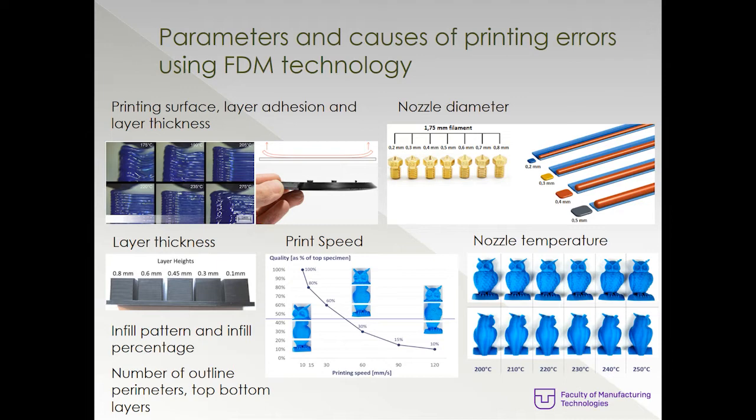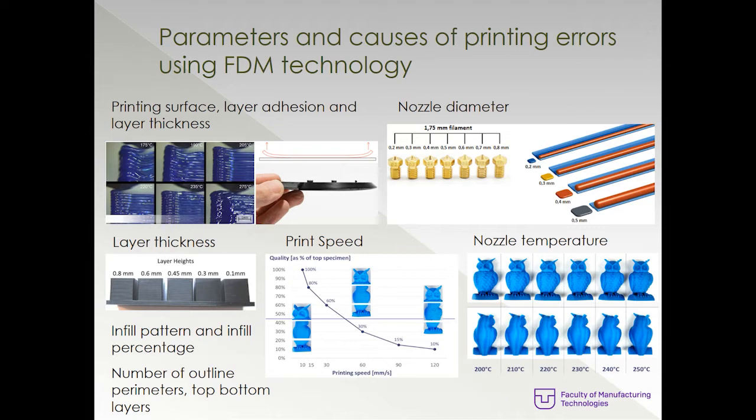Next parameter is printing speed. Visually, a slower print speed supports higher quality results, although the time saved at higher speed may be authoritative for some manufacturers. It is safe to say that lower print speeds are required for high quality production.